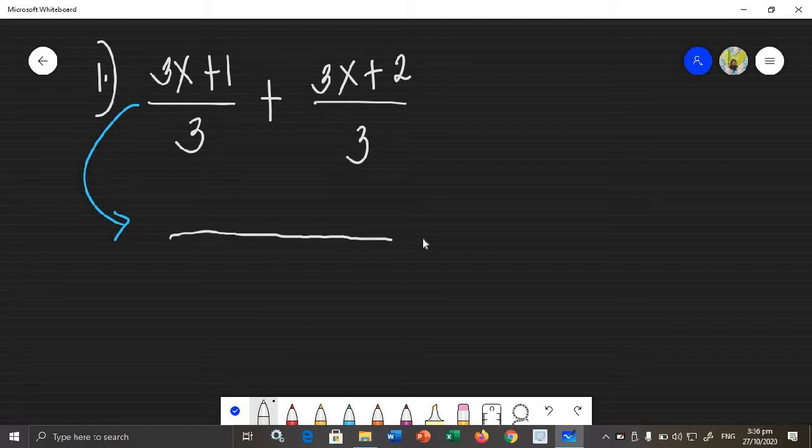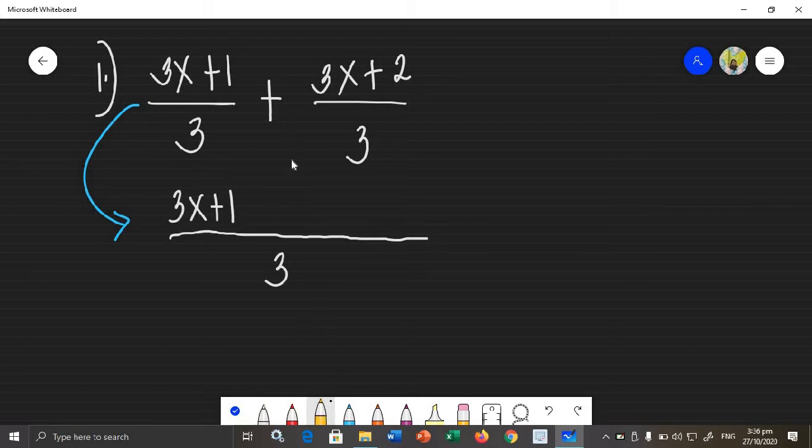We rewrite it, and then put it over a single denominator. We write the numerators and combine them over a single denominator. So, writing the numerator, we will have 3x + 1.